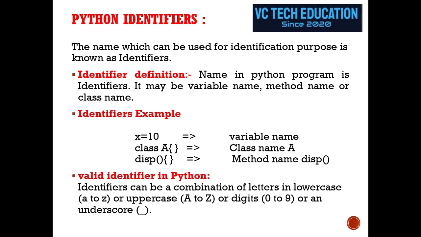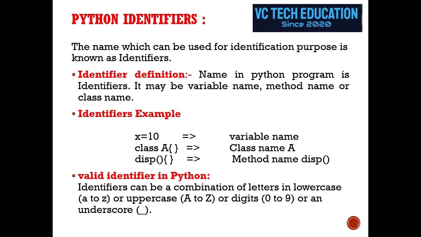Identifier examples: x equal to 10, where x is a variable name; class A, a class name; and def a(), a method name.